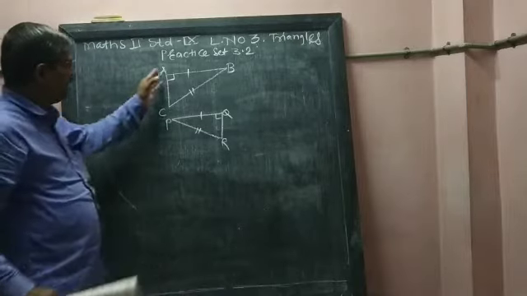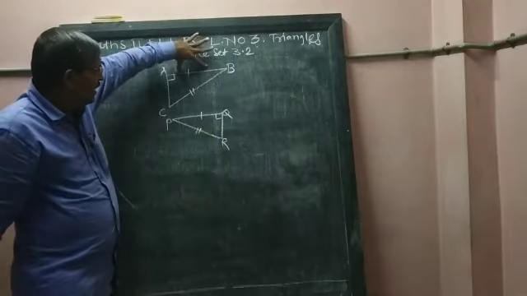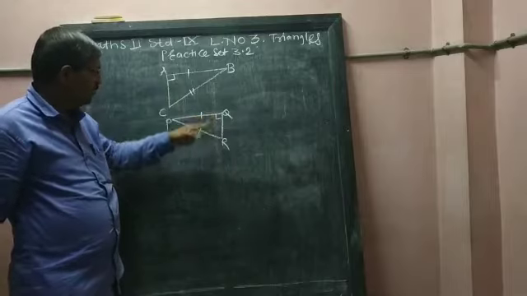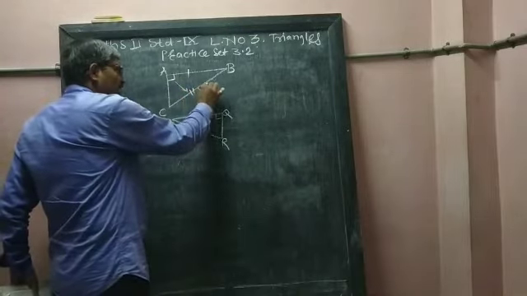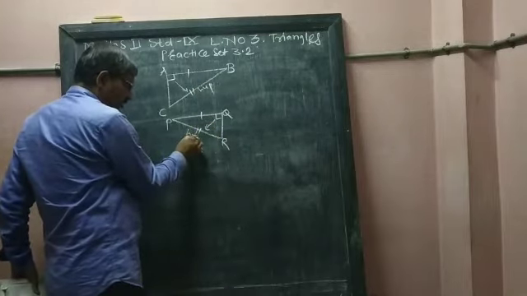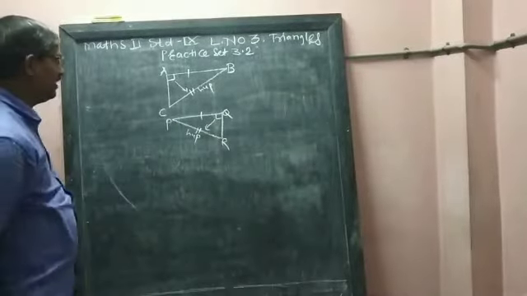Look here, in triangle ABC and triangle PQR, side AB is congruent to side PQ, angle A is congruent to angle Q, and the side opposite the 90 degree angle is called the hypotenuse. Here also the side opposite the 90 degree angle is the hypotenuse. So these two triangles are congruent by the hypotenuse-side test.